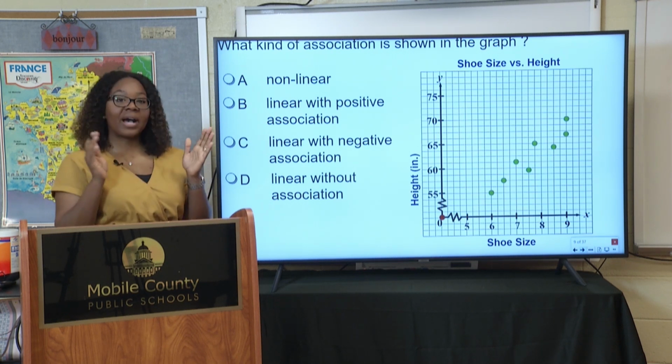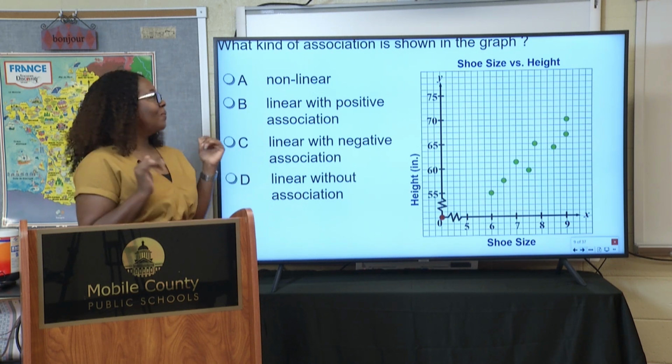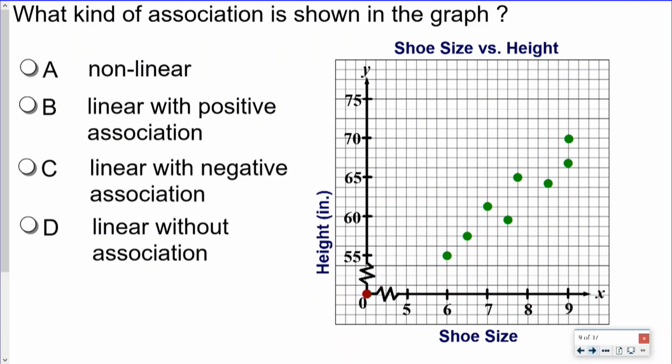This last example I would like for you to attempt at home. What kind of association is shown in this graph? Is it nonlinear? Linear with positive association? Linear with negative association? Or linear without association? I'm pretty sure some of you have already answered the question. You notice that it is line-like and that it's increasing.